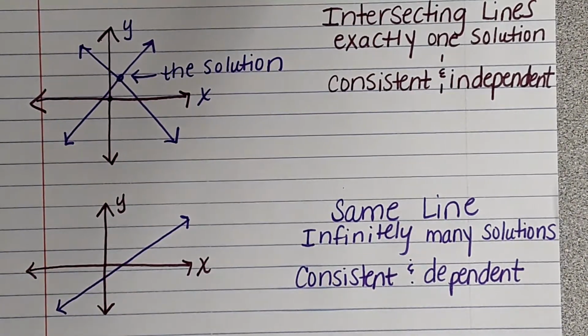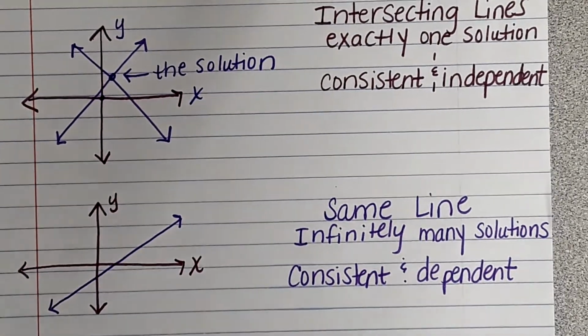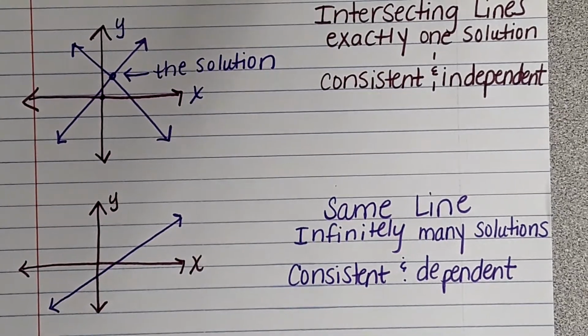So we have intersecting, and then we have the same line. When you go to graph it and you see this is the same line, that means they have infinitely many solutions. What was the last type that we graphed?